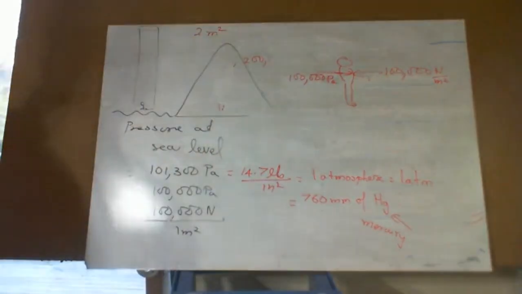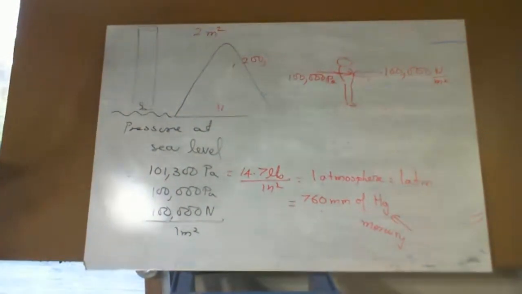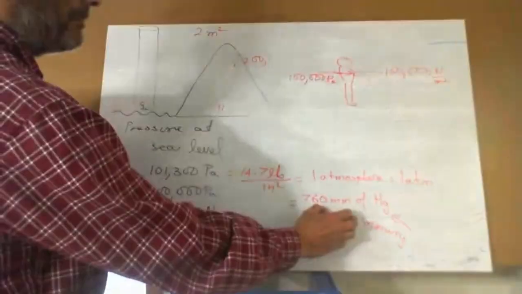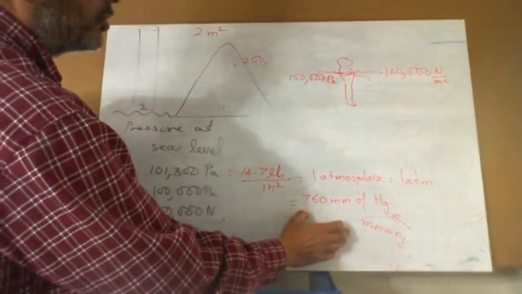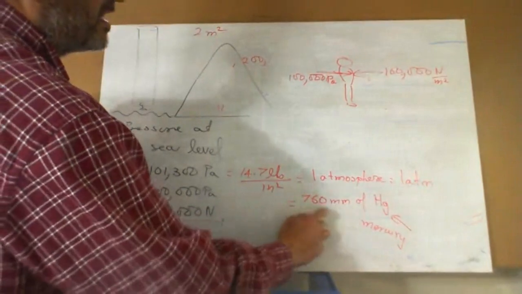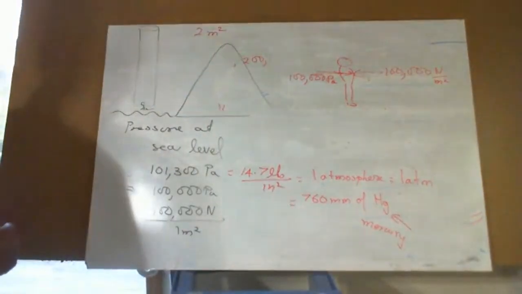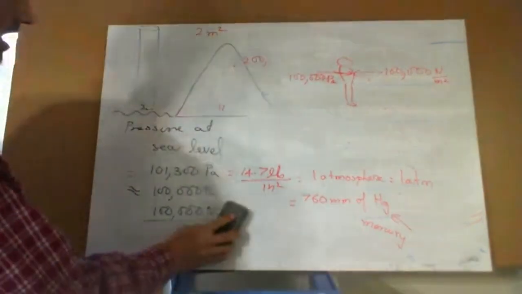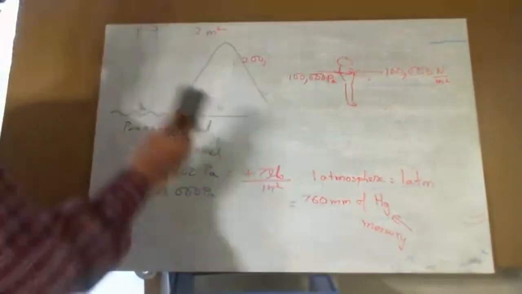I'm sorry, 380. Half the pressure. So these are different units that they use. The people who give the weather reports generally use this unit. In physics, we tend to use this unit, approximately 100,000 pascals or 100,000 newtons.